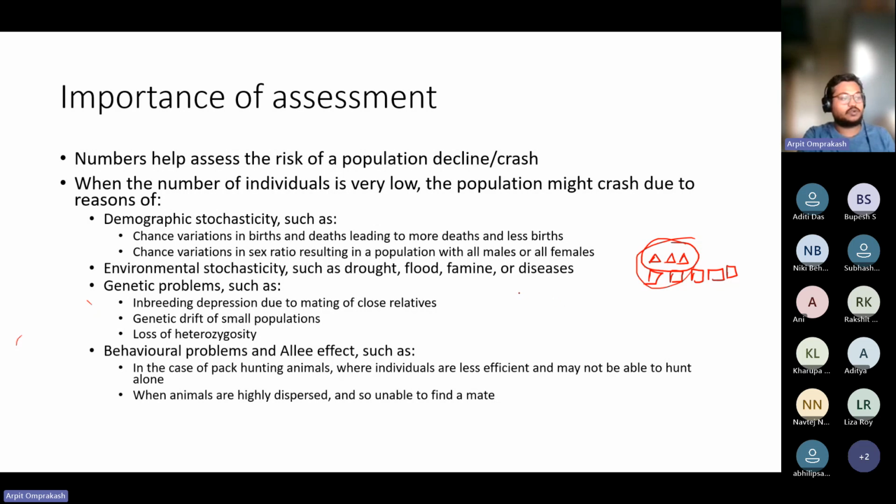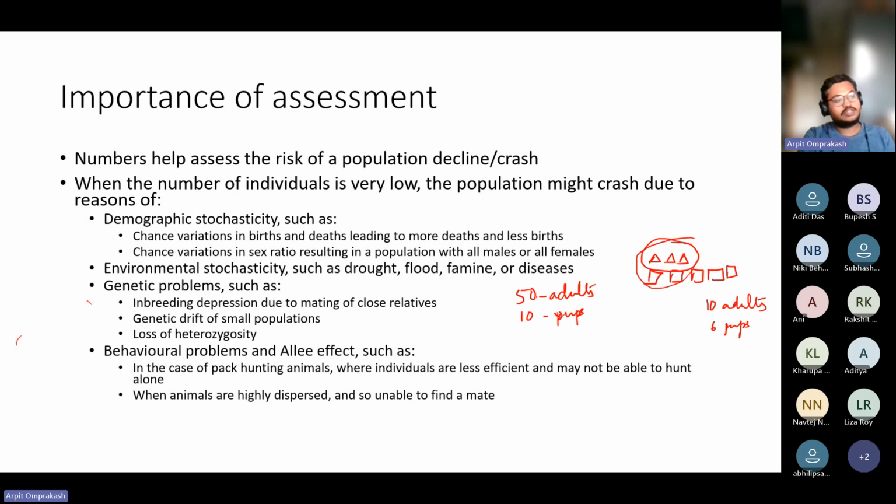One has, let's say, around 50 adults and 10 pups or young ones. Right. And we have another population where there are just 10 adults and basically six pups. Right. So in the first case, what happens?